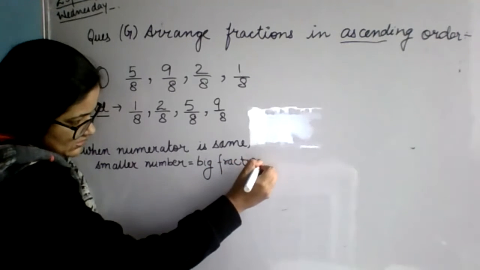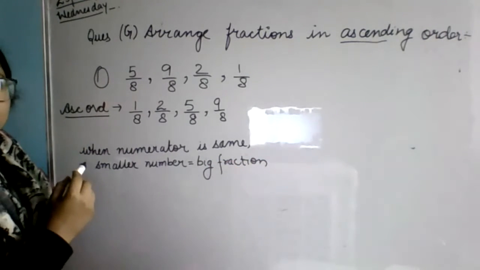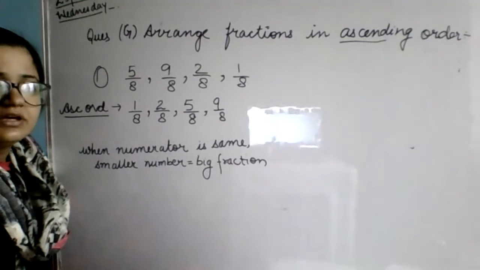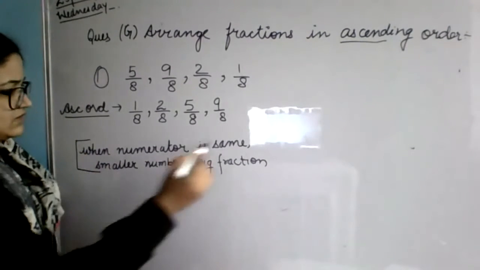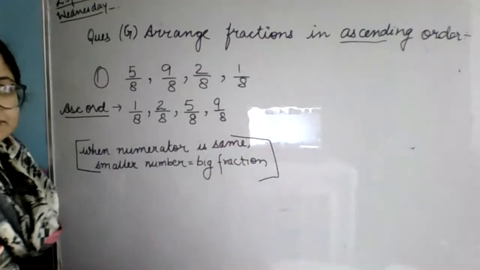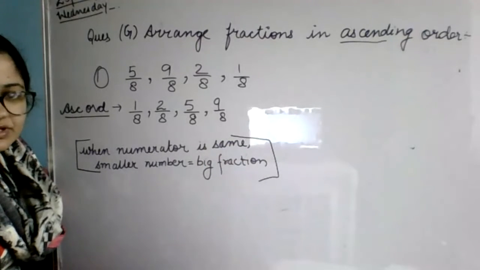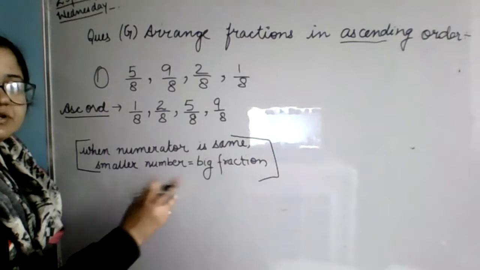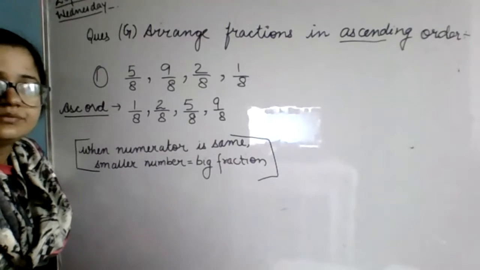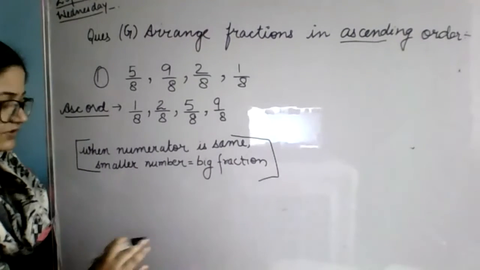Ma'am, we have to write this line. Yes, it is compulsory to write this. When numerator is same, smaller number is equals to big fraction. Bigger number is equals to smaller fraction. If you have written, good.